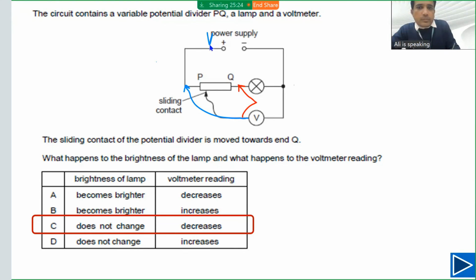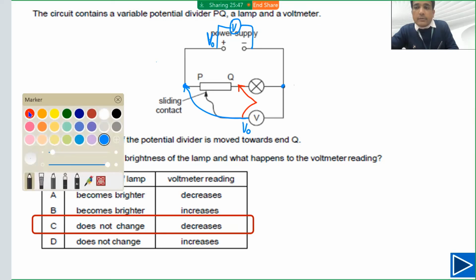Let's say the terminal potential difference of this power supply is V0. If you connect your voltmeter across the terminals of the power supply, the reading is V0. Here the reading will also be V0 because it is connected between these points, and these points are the same.